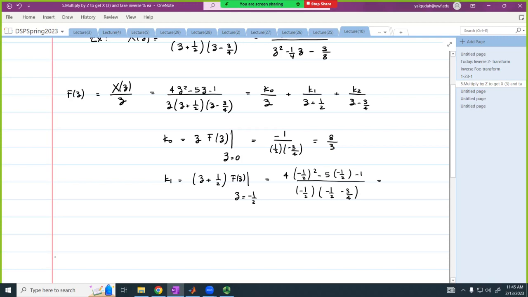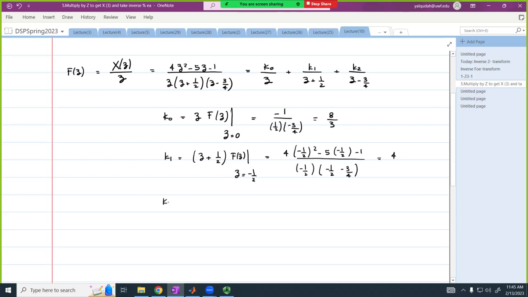Again, the z plus 1/2 is going to cancel out from here, and therefore we just have z multiplied by z minus 3/4, over 4. So this is going to give me a 4.